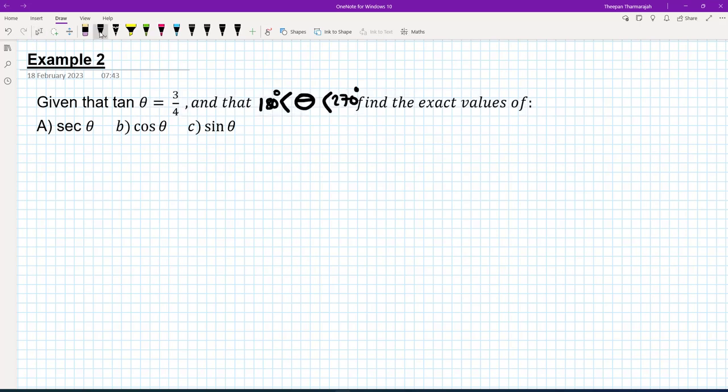So the first thing we ought to do is say, right, well, we know an identity. Part A: sec squared theta is 1 plus tan squared theta.